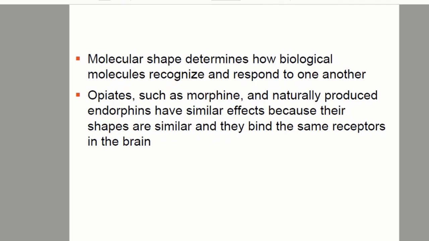Opiates such as morphine have similar effects to the endorphins the body naturally produces, because their shapes are similar and they bind the same receptors in the brain. So you may have to describe what molecular shapes do: they determine how biological molecules recognize and respond to one another. You may go further by describing the example of morphine and endorphins, which have similar effects because their shapes are similar and they bind the same receptors in the brain.